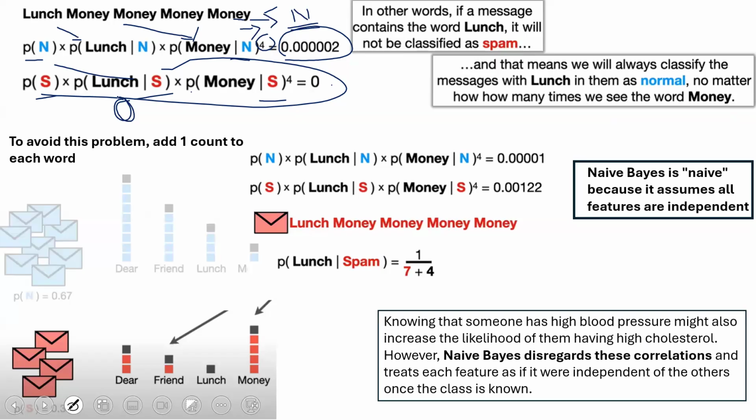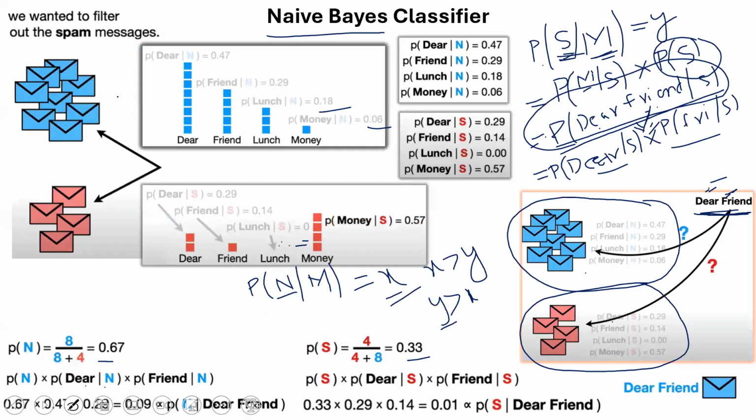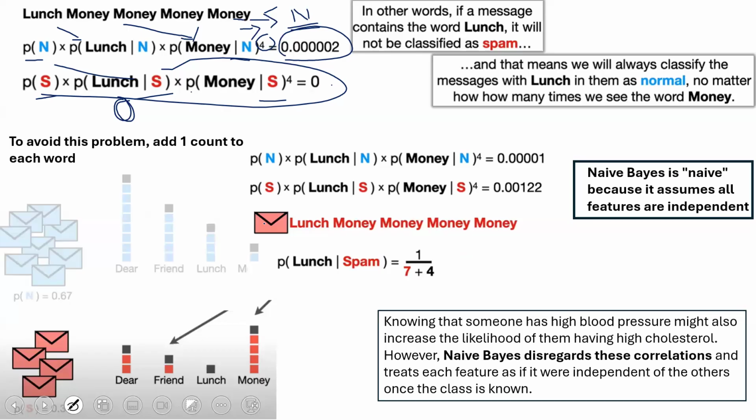So it is not classifying well. The only reason it is not classifying well is that you have some value as 0, which nullifies every other thing, right? 0 multiplied by anything will become 0. So in other words, if a message contains the word lunch, it will not be classified as spam, because 0 times anything will be 0.